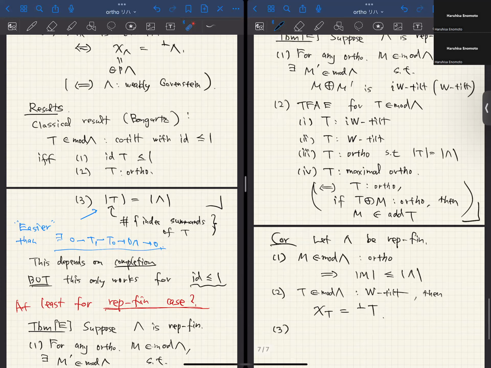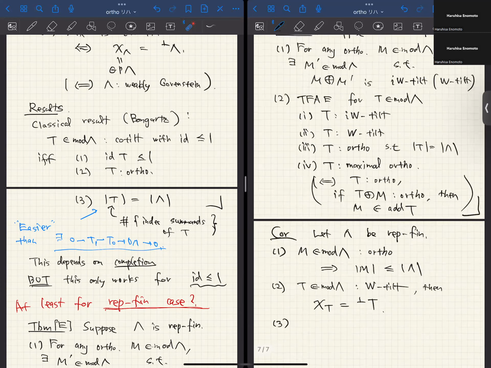And the third is just a corollary of 2. If lambda is representation finite, then the category of Gorenstein projective modules coincides with this X perpendicular category. So lambda is weakly Gorenstein if lambda is representation finite.